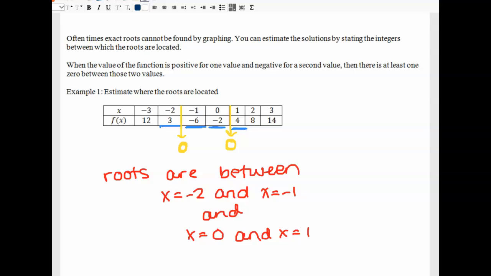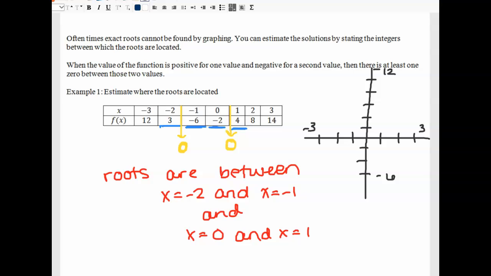If I were to roughly graph these points, I could see that idea.